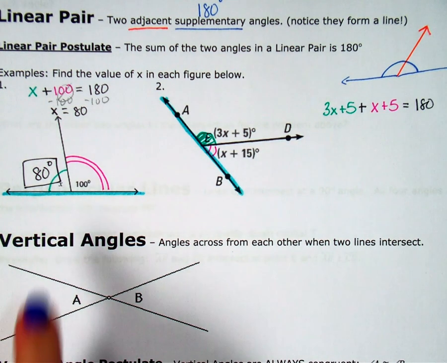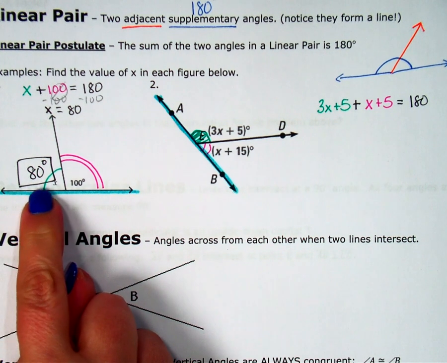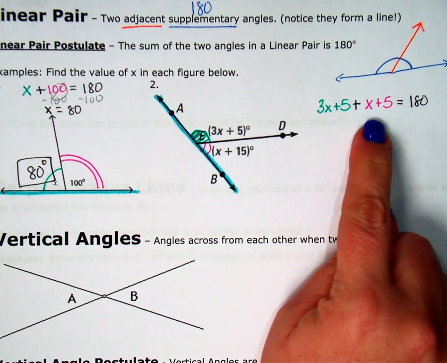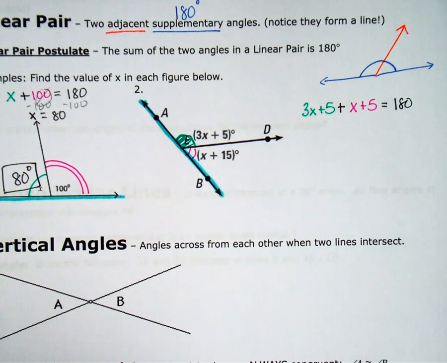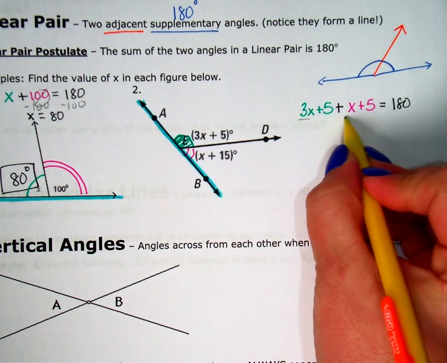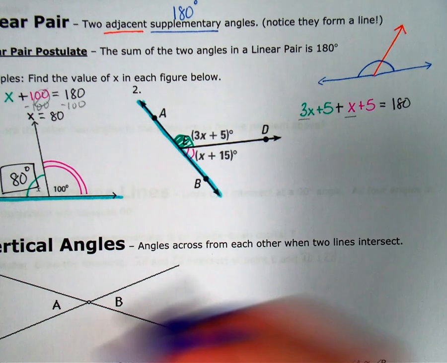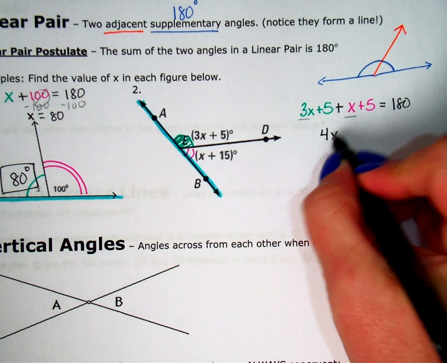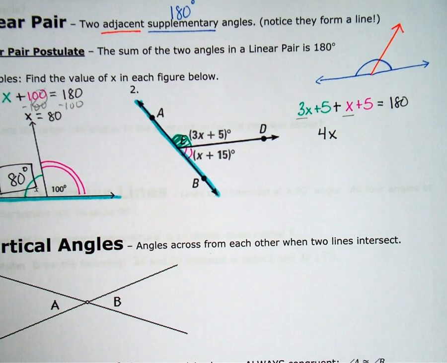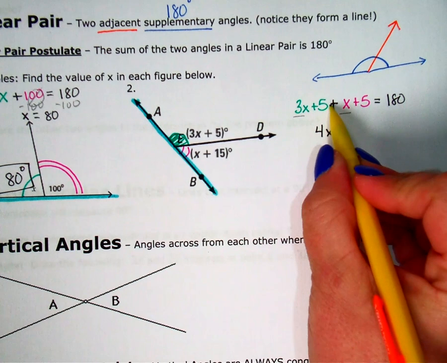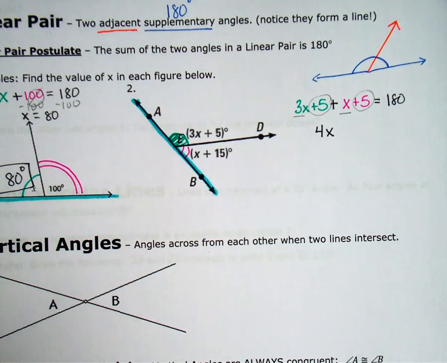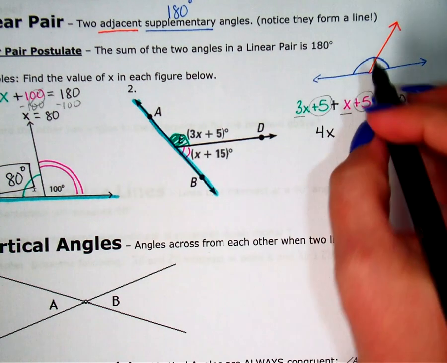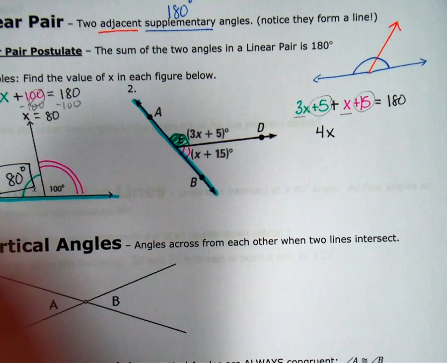Unlike the last one, where I could have just looked at it to see it was 80, with this one it's really nice that I can set it up in this equation, because now I just have to do the algebra part. I'm going to combine my like terms, so my 3x and my x give 4x. Then I'm going to combine my constants, my 5 and my, oh, that's not 5, that's 15.